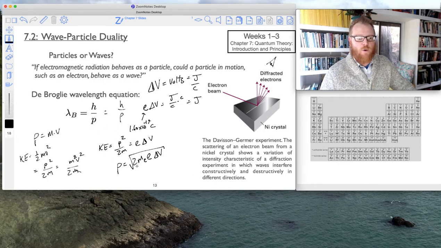I'm going to rewrite the de Broglie wavelength equation as lambda B, lambda de Broglie, equals h divided by the square root of 2 m e e delta V.